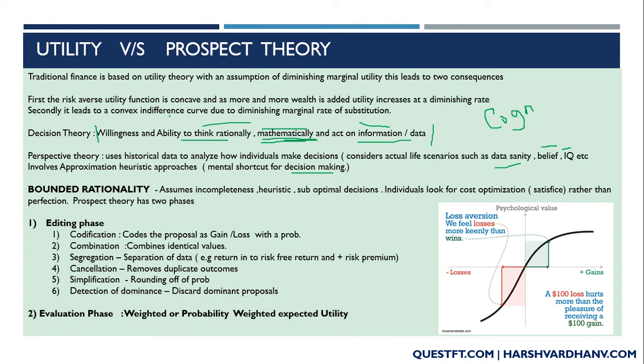Okay, so in behavioral finance, one important thing that comes across the entire chapter is bounded rationality. It is basically the limited knowledge of an investor. It assumes that investors behave with bounded rationality.